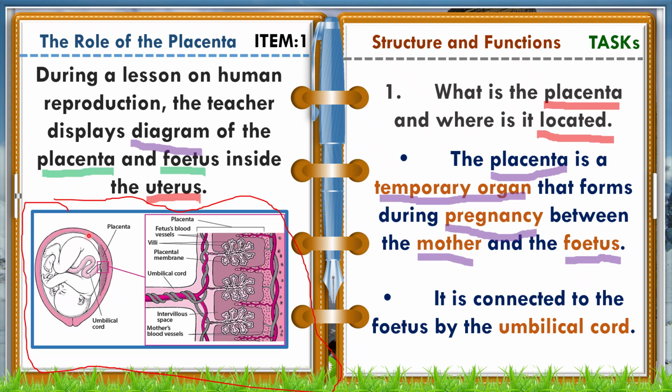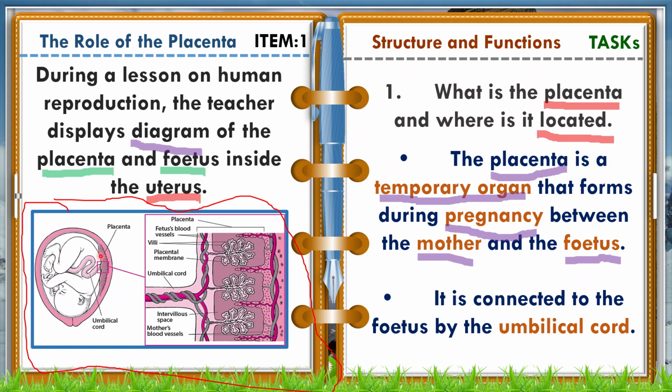So that is the mother, and the mother is pregnant, meaning that the mother has a fetus inside the uterus. Are you together? So there is a temporary organ which is formed during this season of pregnancy.